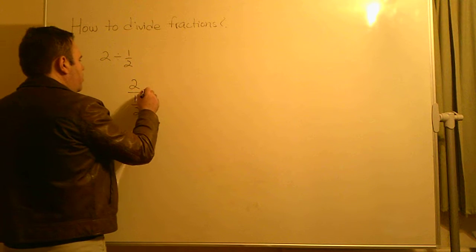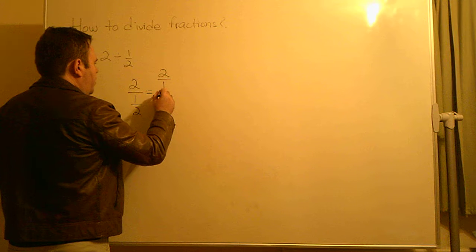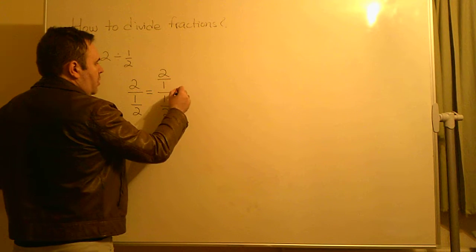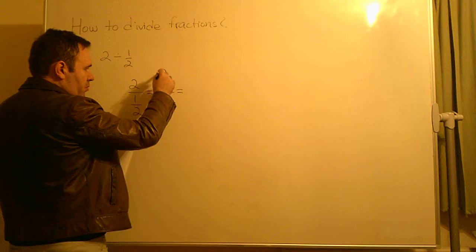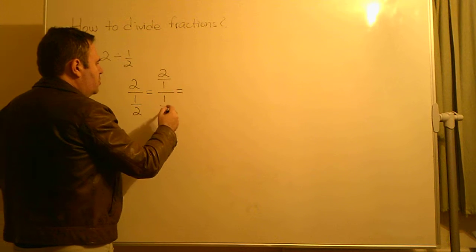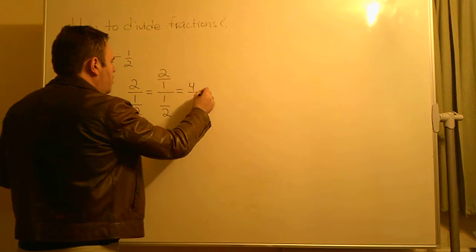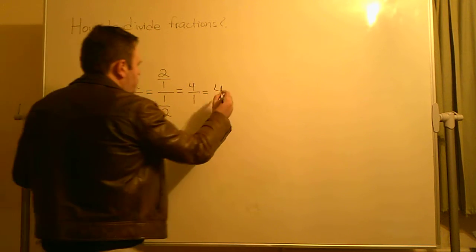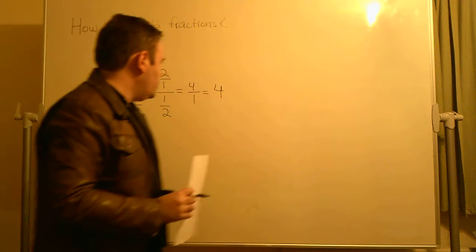And then you remember that 2 is really 2 divided by 1, and then we have 1/2 here again, and then we multiply the extremes, the two numbers like here and here, and then we would have 2 times 2 is 4 divided by 1 times 1, 1, which is equal to 4. So this is how you do it.